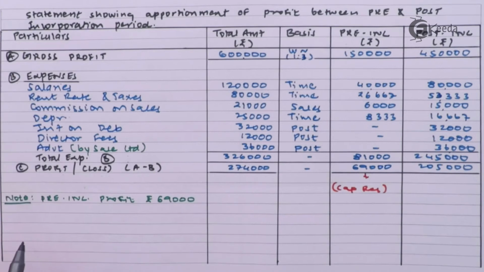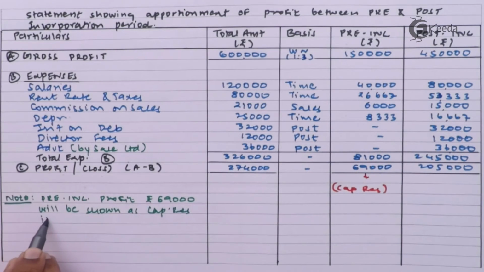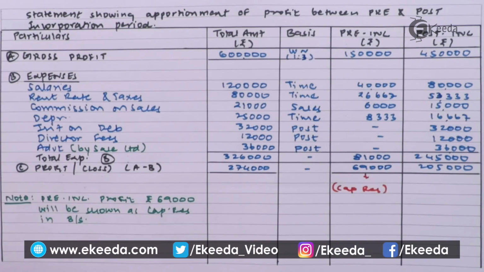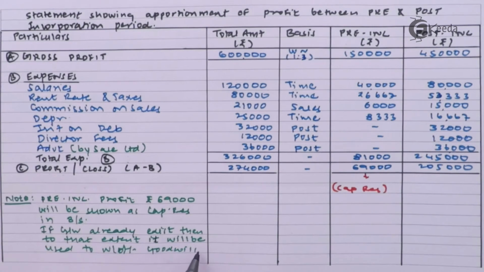Pre-incorporation profit rupees 69,000 will be shown as capital reserve in balance sheet. If already goodwill exists, then it will be adjusted for the goodwill.